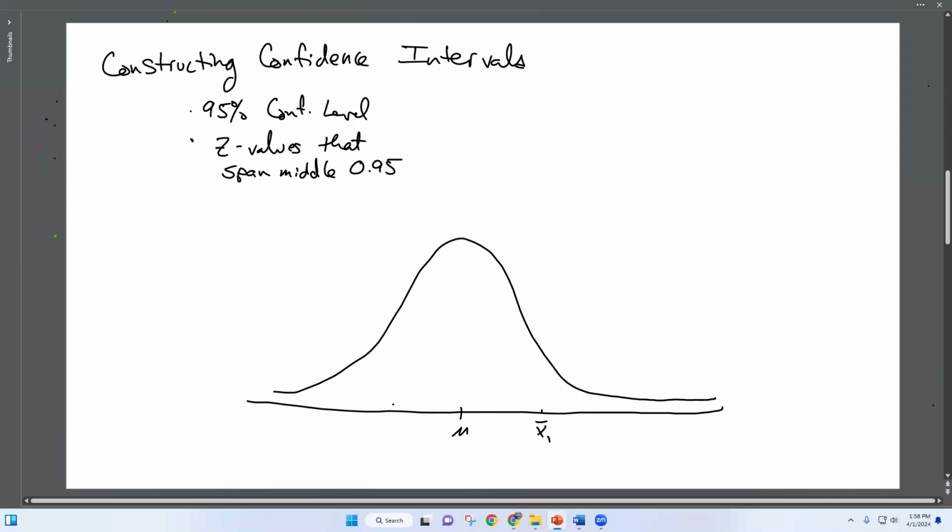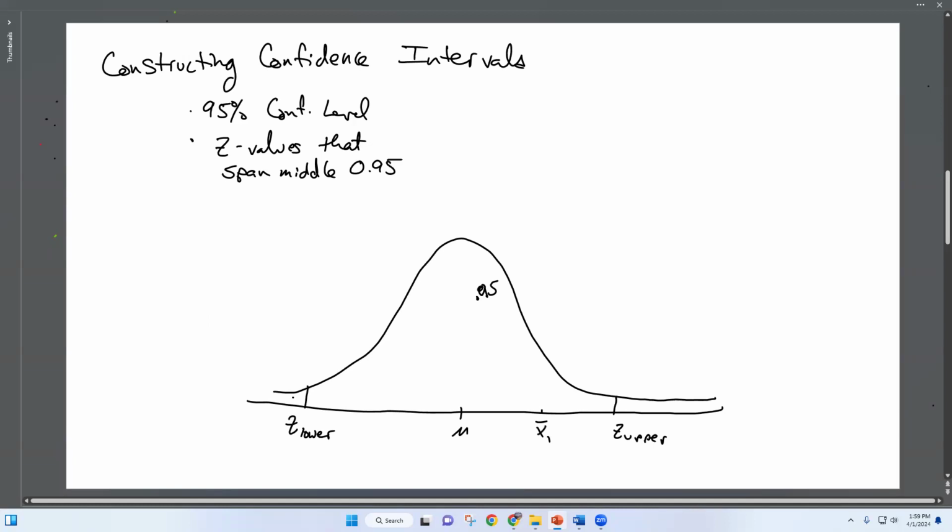So if it's 95%, we want z lower and z upper, and in the middle we want 0.95 for the area within that. To get that 0.95, we have to subtract the tails, because we'd be double counting them.